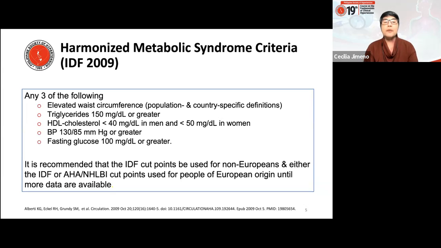But first, let's talk about the criteria for metabolic syndrome. We all know that over many years, metabolic syndrome has had many names and many criteria from various organizations throughout the world.